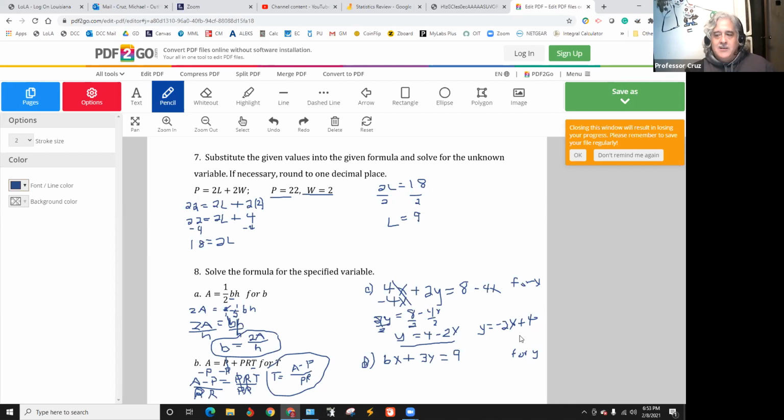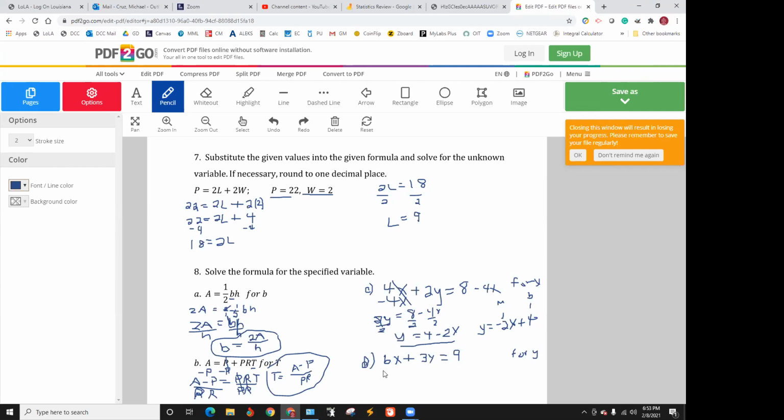So if it's in this order, in other words, if the x term comes first, then this is your slope, and that's your y-intercept. I think we hit on it a little bit in chapter 3, and then we get a little bit more to it later after midterm, towards the end of the course. But that's the reason why I gave you these extra ones is because these are far more important than dealing with these.